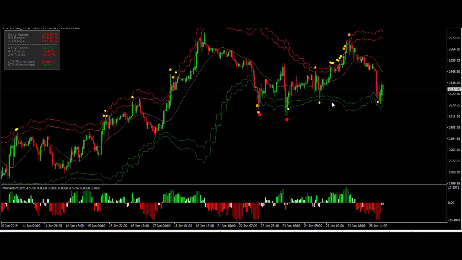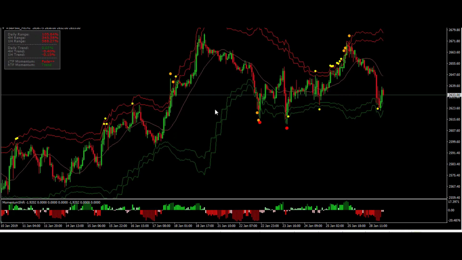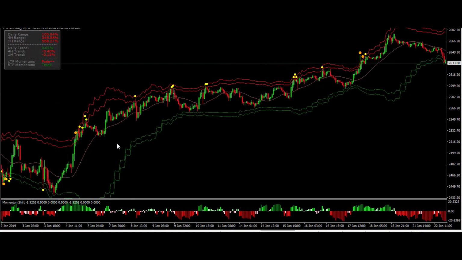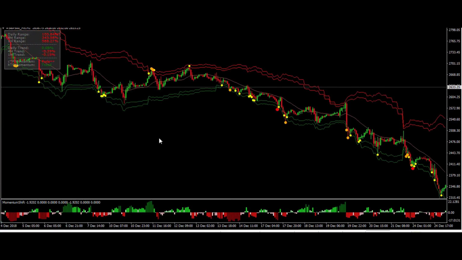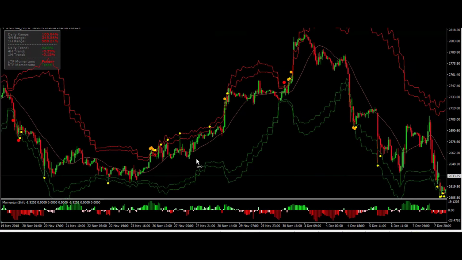So you can use all this information to actually find really high probability breakout setups and other situations where the market is breaking out of a phase of consolidation. Okay, so let's actually go a little bit further back and find more examples of the market constricting and congesting within a tight zone created by the overbought and the oversold bands and then eventually breaking free.